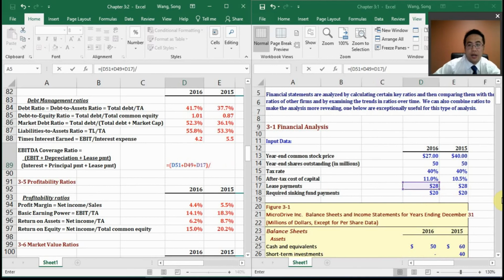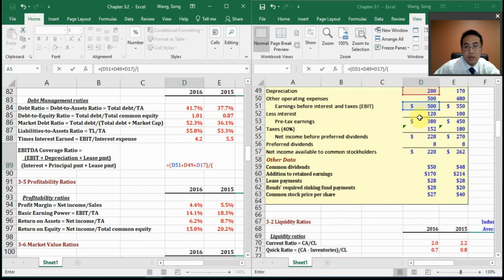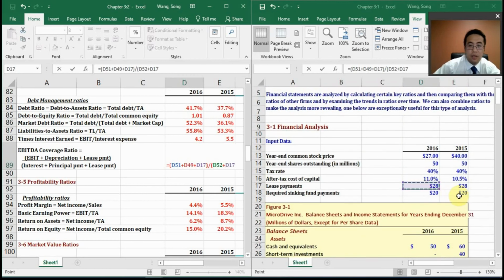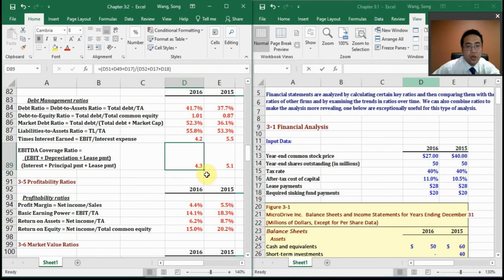And then down in the denominator, I will use the interest plus principal amount and the lease payment. Lease payments here, principal amount is here. So three components, as you can see, 1, 2, 3 in the denominator, and here it is on the formula bar. All right, then drag it to the right. So here we got the formulas.